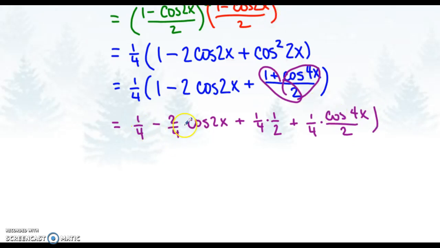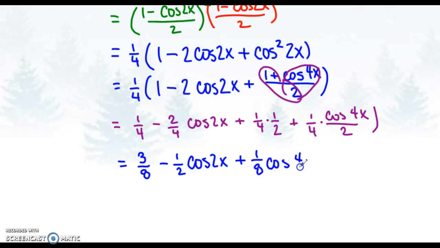So we've got 1/4 plus 1/8, which is 3/8. And we've got negative 1/2 of the cosine of 2x. And then we've got a positive 1/8 times the cosine of 4x.